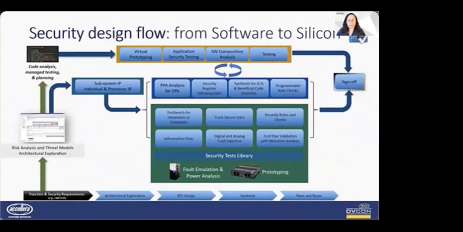On the software side, we add code analysis for software integrity, focusing on security of third-party software, security testing, such as protocol fuzzing, and virtual prototyping for secure software development with optional fault injection for testing the software resilience to design faults.